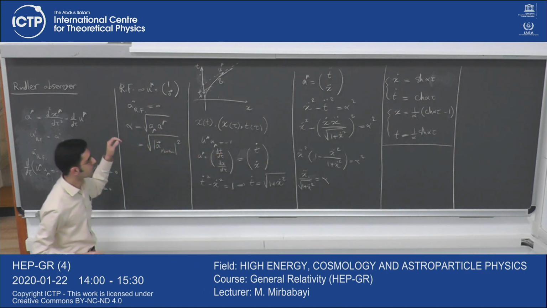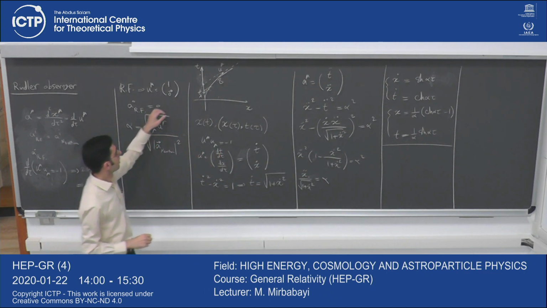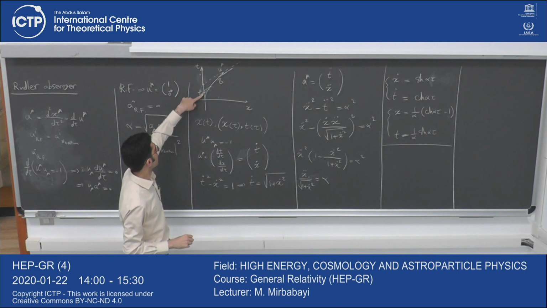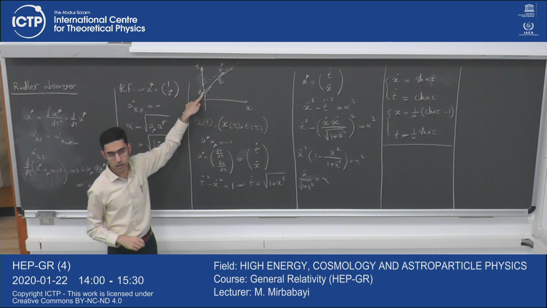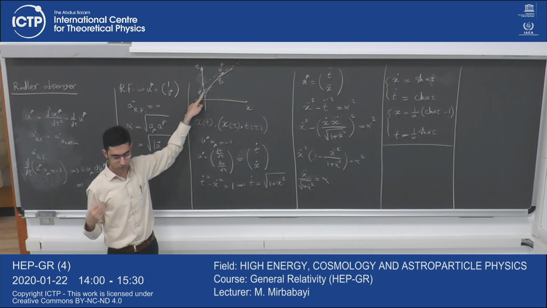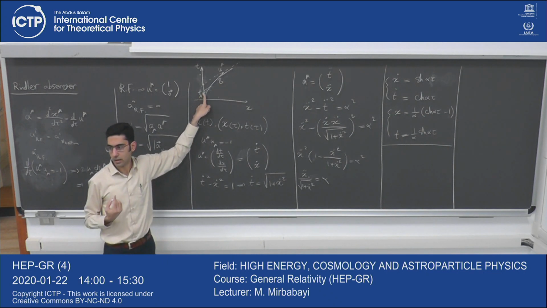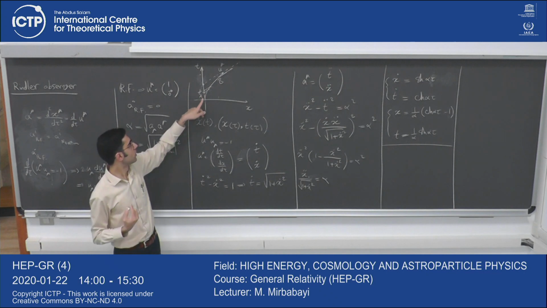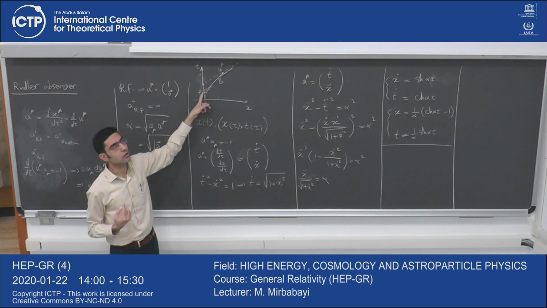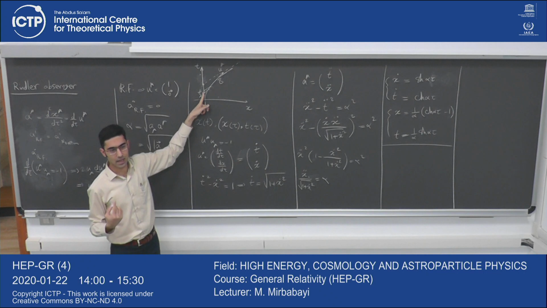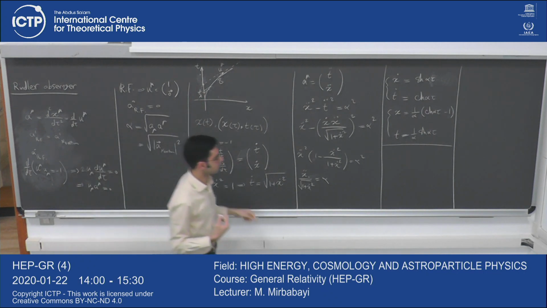So what is the description of this light signal? This is a 45-degree line that passes through the t-axis at t equals ta.